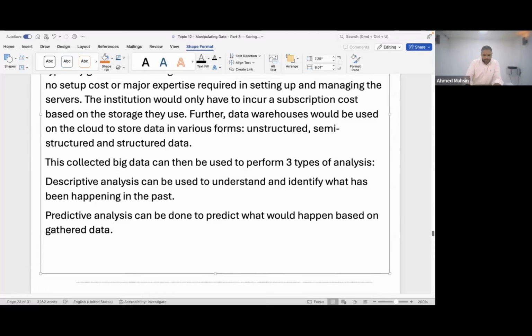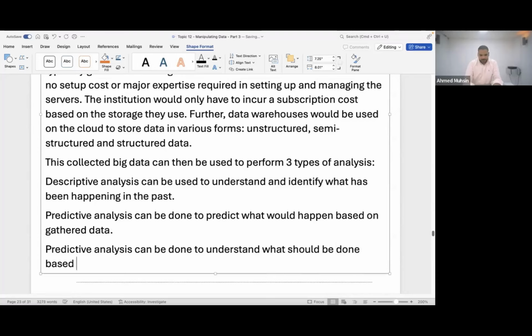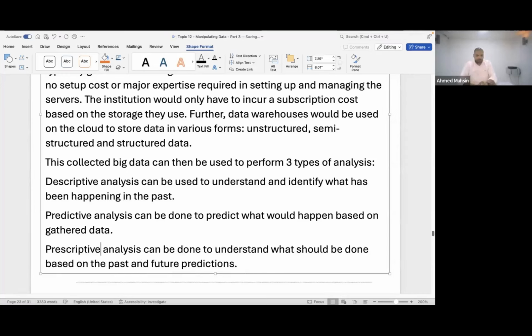And prescriptive analysis can be done to understand what should be done based on the past and future predictions.